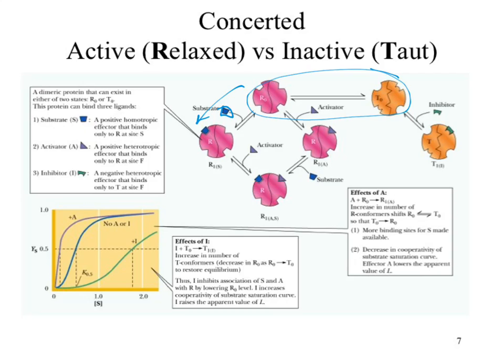We've reduced the concentration of our R in our equilibrium, which means we shift to form more of our standard R. And at the same time, we increase the binding affinity for more substrate with that new state. Okay, so we get almost a dual effect in this case. We can produce more R, which binds substrate better, and we also have a new R structure that also binds substrate even better. Could you say it's almost analogous to a positive feedback? Yes.